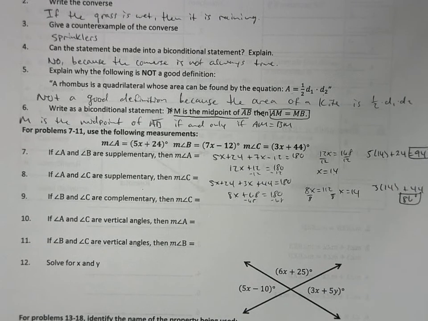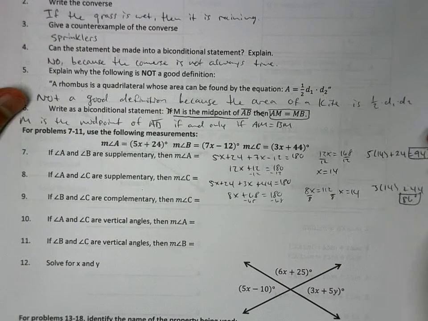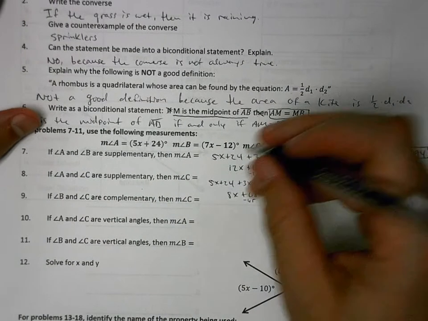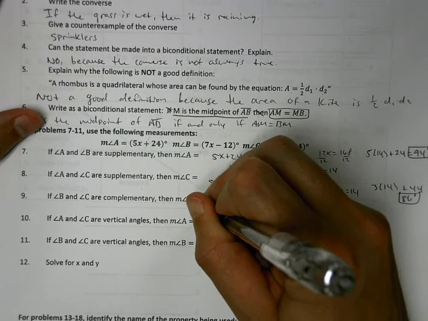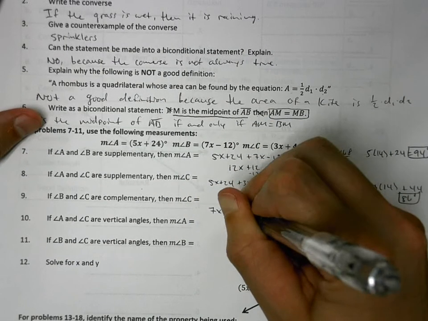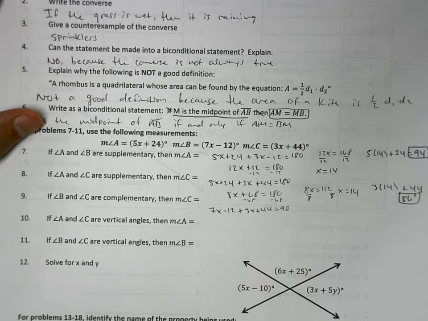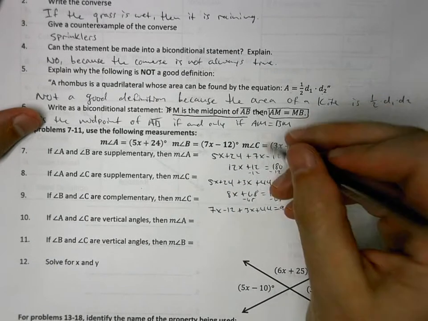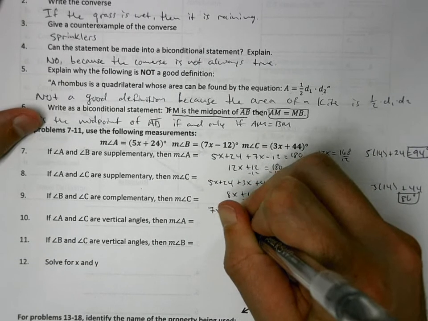Again, for 9, complementary. Complementary means add to 90. So therefore we set it up as 7x minus 12 plus 3x plus 44 equals 90. Combine like terms, 7x plus 3x, that is 10x.